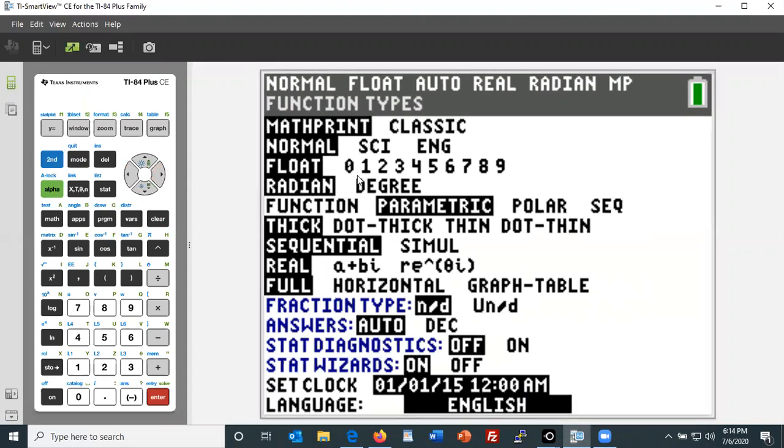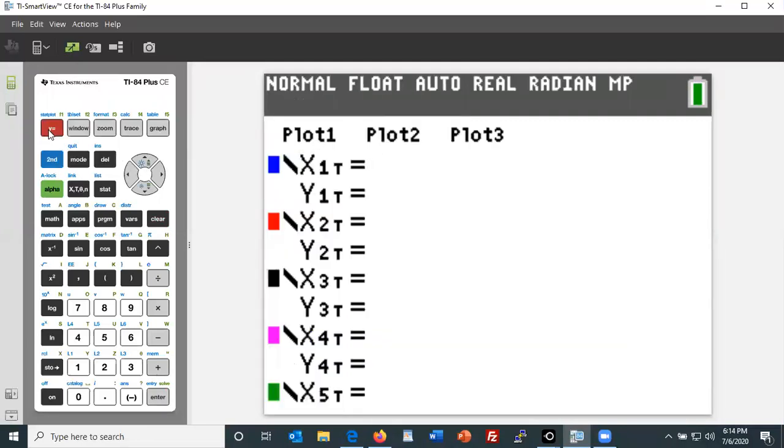Radian is always nice, especially if the function is a sine or a cosine. So radian is usually better. But for this problem, we're going to actually use trig. And I'm going to plot the function 5 cosine of t. Notice this button here, you have x, t, theta, and n as your variables. They actually correspond to the modes. The first mode is function mode, so when you click on this, you'll get an x. But right now we're on the second mode, parametric, so when I click on this, t is going to pop up.